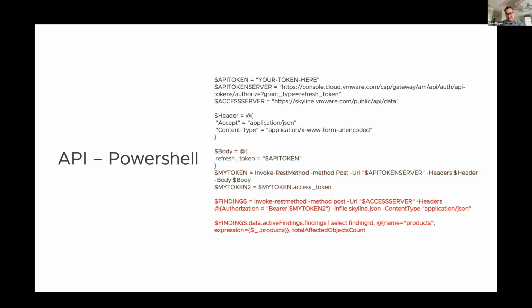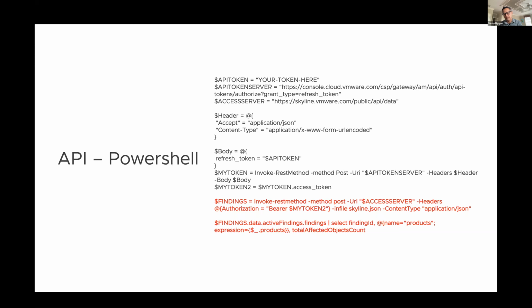And then last but not least, if you take a look at the bottom, there are two lines here. The first line is: invoke REST method, get me the data based on what I'm asking for. By the way, token 2 is the access token. The Skyline.json is that active finding section that you saw.